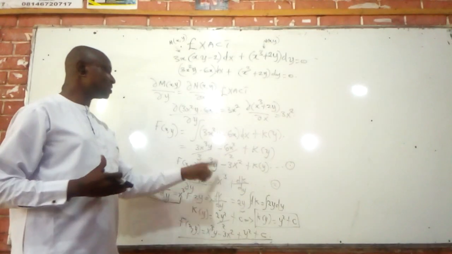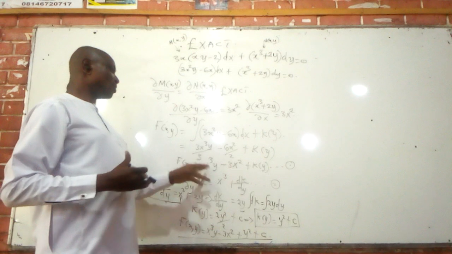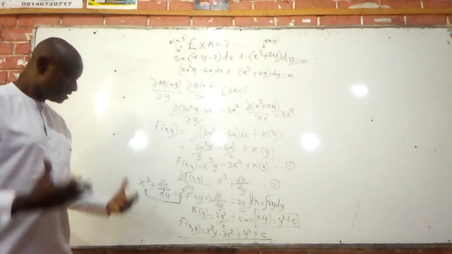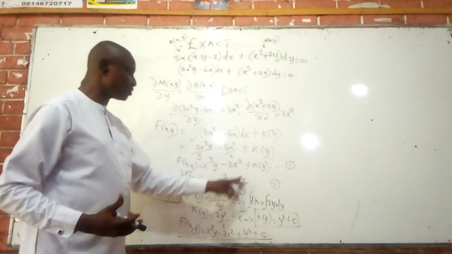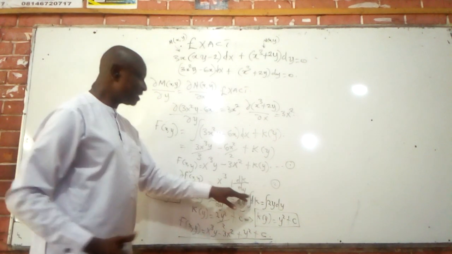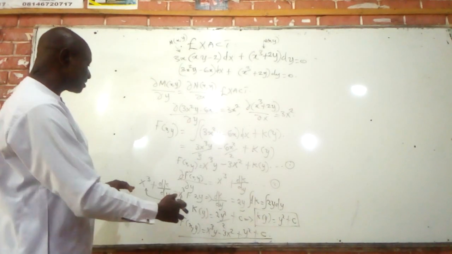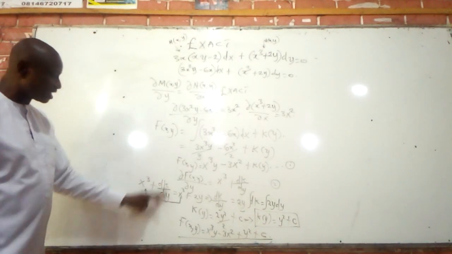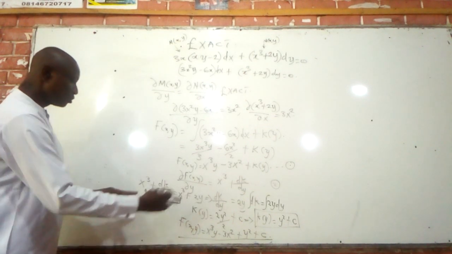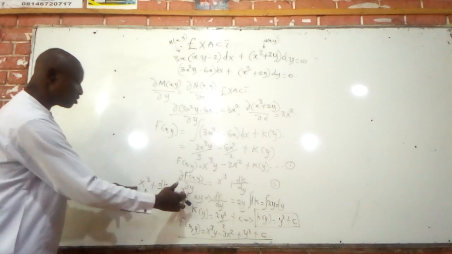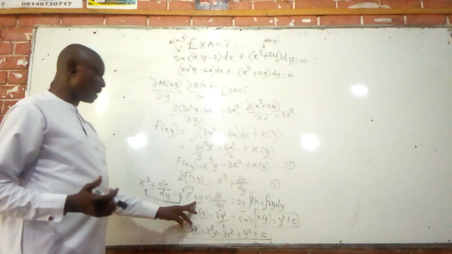After the integration we have this, which is equation 1. Then the partialization with respect to y gave x³ + dk/dy. So we compare this expression with this part of the equation, and you will see a value exactly the same: x³ + dk/dy equal to x³ + 2y. This goes off the equation because they are two parts; when subtracted, it gives 0. So dk/dy is equal to 2y.